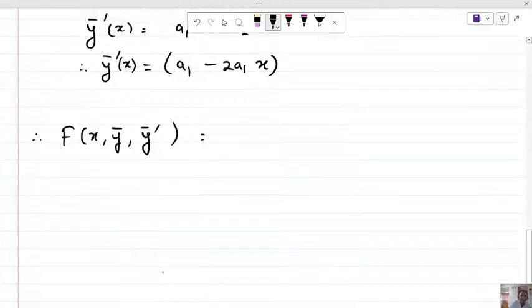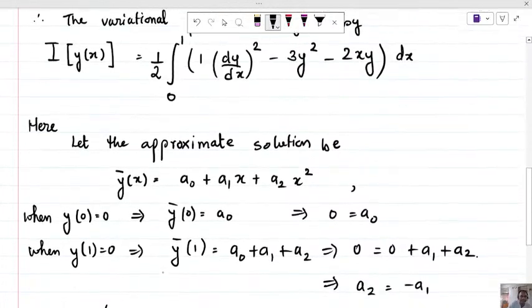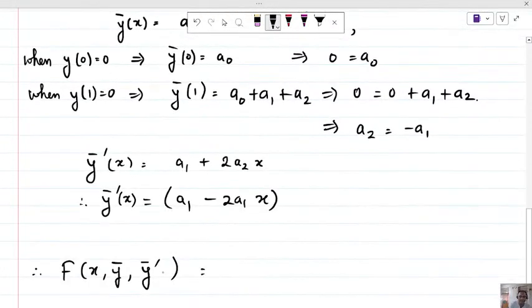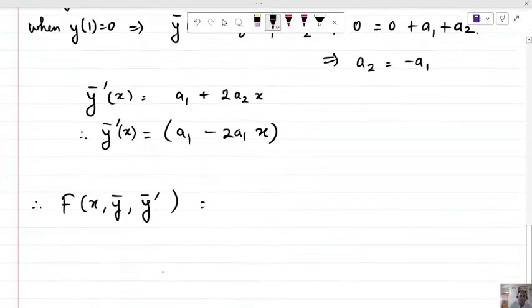This function, which we have already seen, is such that the 1 by 2 remains outside. We can keep it outside the integral, or you can take it into consideration.